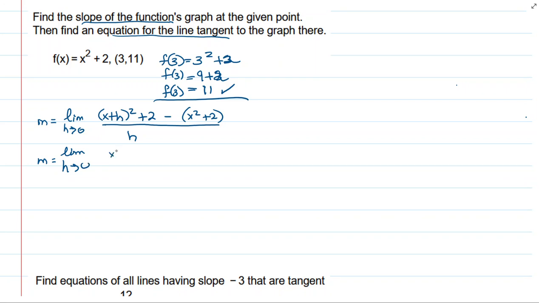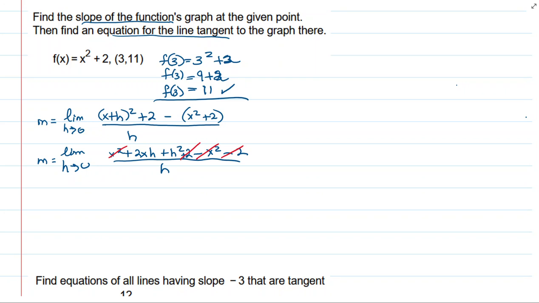That'll give me x squared plus 2xh plus h squared minus x squared minus the 2 all over h. And of course, we're going to cancel additive inverses. Oh, and I forgot the plus 2 on that one. Sorry about that. All right.